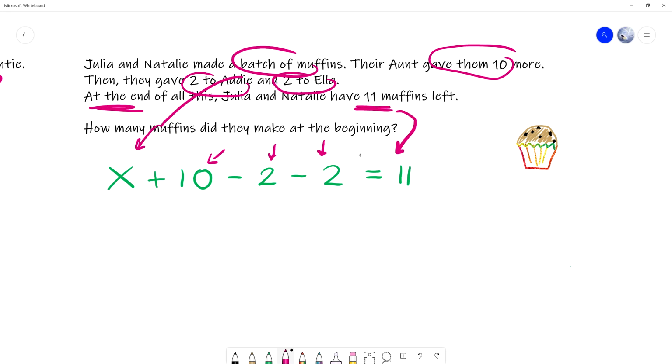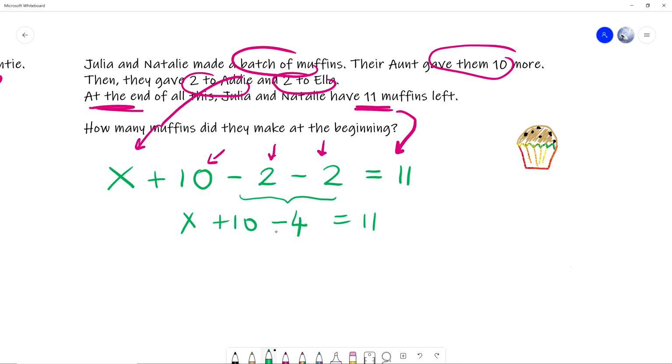So now we have an equation and we have to solve it. How would you simplify it? I would take the two 2s and put them together, so it makes minus 4. So now I have x plus 10 minus 4 equals 11.